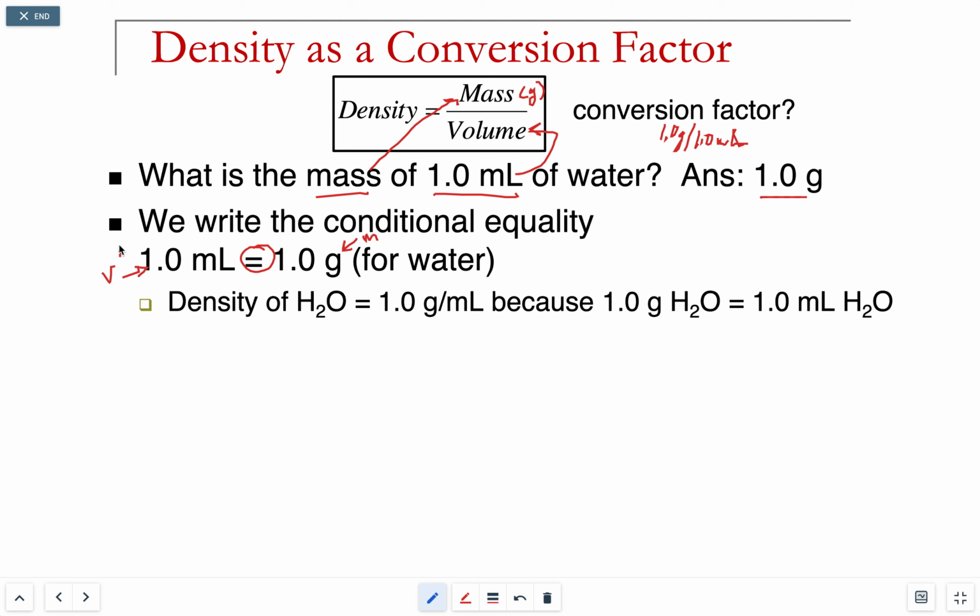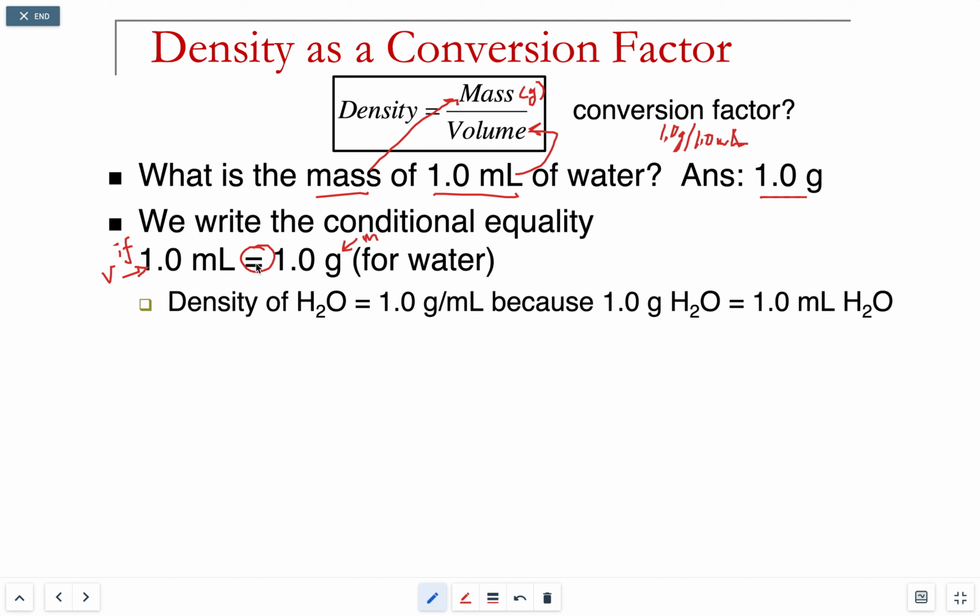What you do is you put the word if in front of this. If you were to measure out 1.0 milliliters volume of water, and then you went to weigh it on a balance, you would find that it weighs 1 gram. So there is a relationship here. We're talking about the same amount of water measured two different ways.